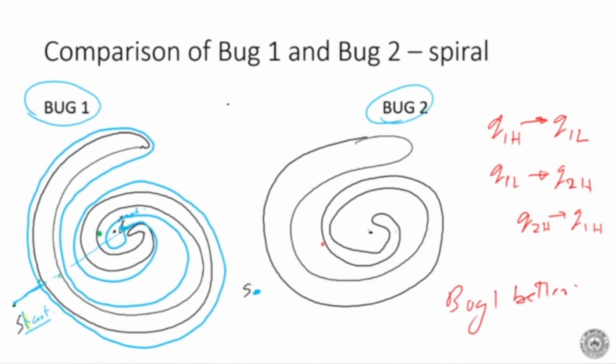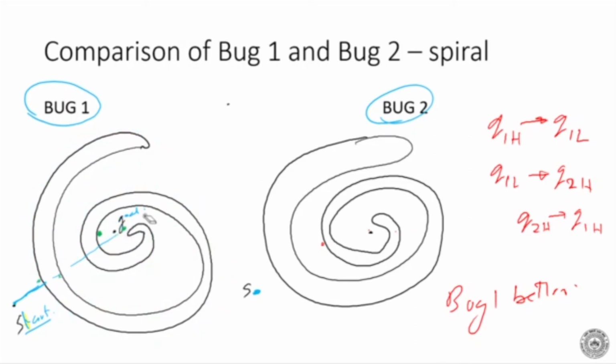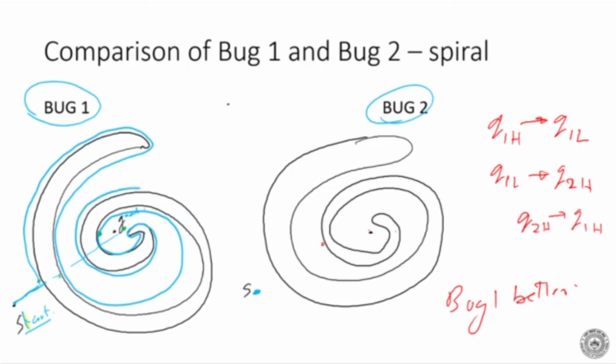After it circumnavigates once, it will go around and come back here. Next, it has to find which point is nearest to the goal. So it finds that this point is nearest to the goal. So it simply goes there, follows this, goes here, and then simply goes to that goal.